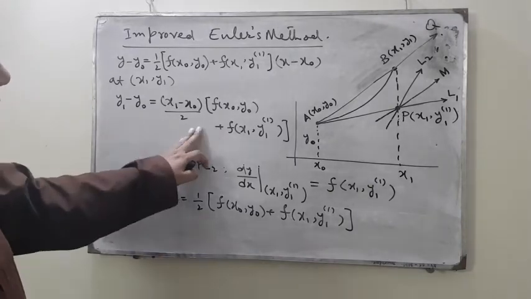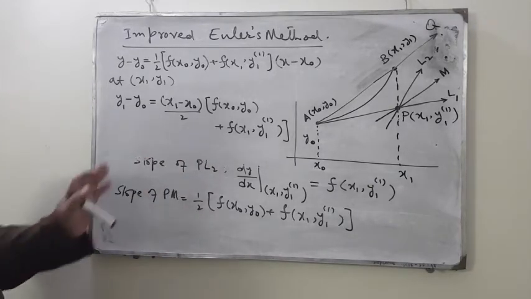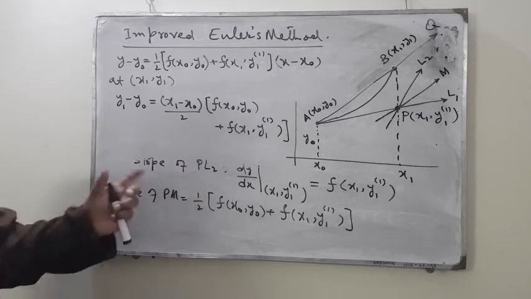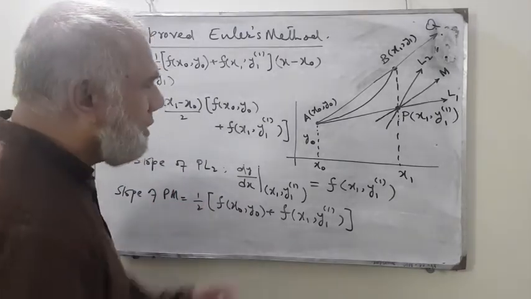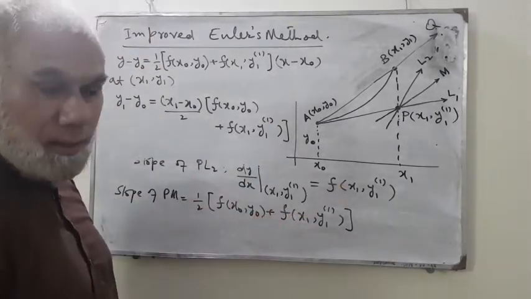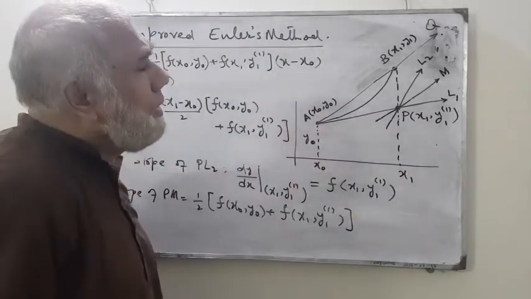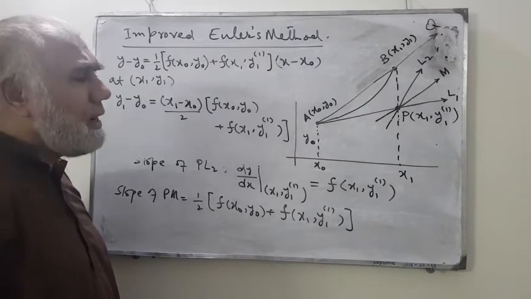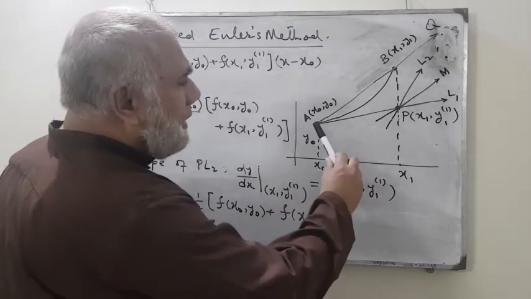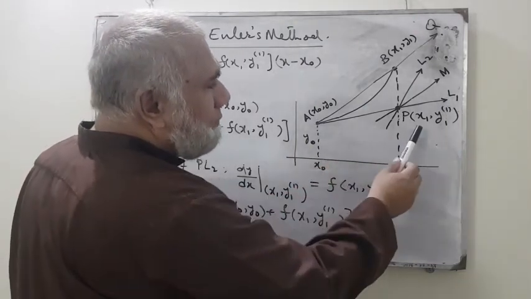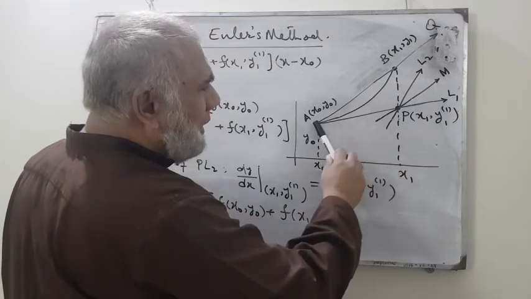Now after writing this, we make a change in this result to obtain a more compact form. So I'm going to erase all the material on the board, and I believe you have followed all the steps. Once again, first we draw AL1, then we place P on the line AL1.